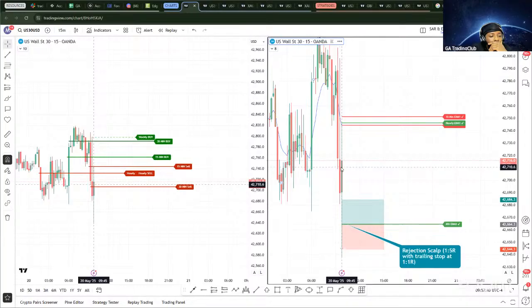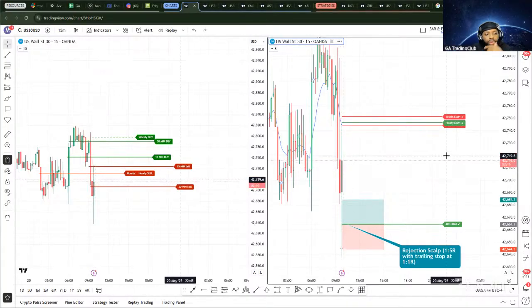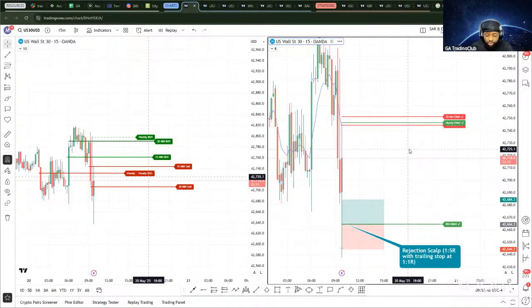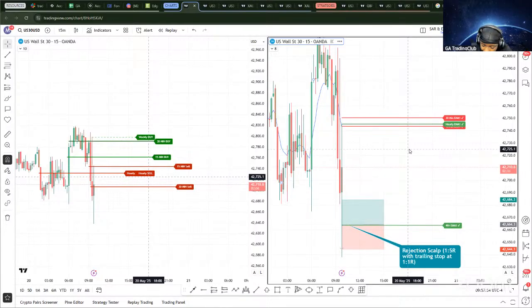Oh, my bad. Okay, no, all good, just thinking of something else. Yeah, watch out for the high time frame. So 1 hour and above, those EMAs really, really hold price.